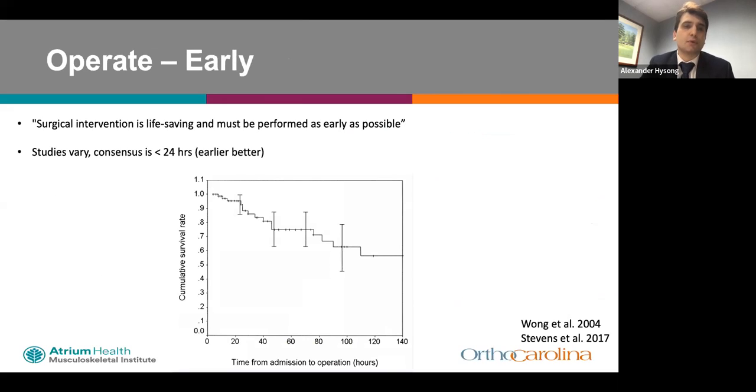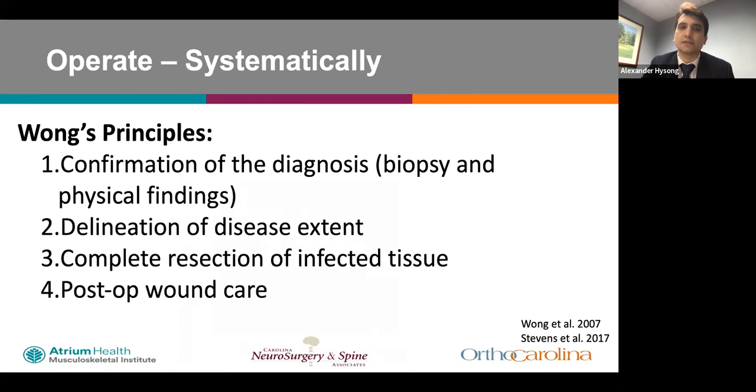And probably the most important thing we can do is operate early, whether that means calling in your team or actually physically performing the surgery. Surgical intervention is life-saving and must be performed as early as possible. Studies vary, but the consensus is that less than 24 hours is associated with a decreased mortality, but earlier is always better. Operate systematically.